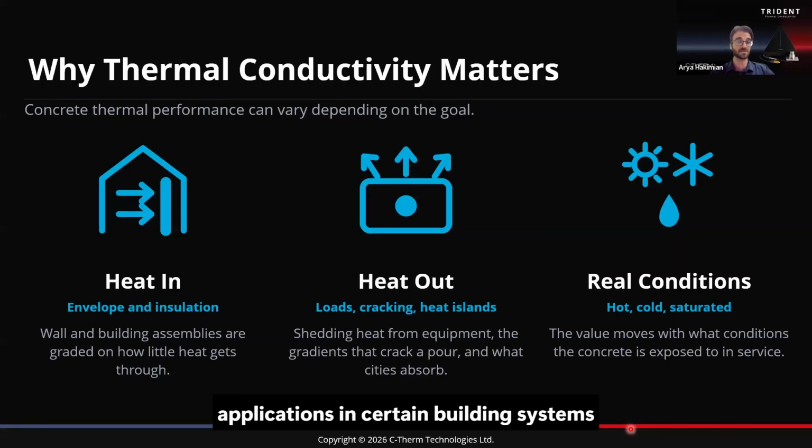There are some applications in certain building systems where you're actually trying to improve the insulative performance. The building envelope, the concrete can act as a means of insulation to help with the building efficiencies, keeping heat in. So in this case, you're actually targeting a lower thermal conductivity as your primary performance metric.